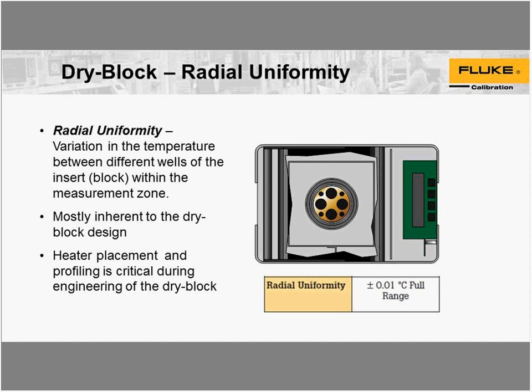Most OEMs do have a spec for radial or hole-to-hole uniformity, and again, this means if, in the example here, I'm placing a similar size probe at, say, 1 o'clock, and then I place the opposing unit at 7 o'clock, we're going to have a potential of a 0.10 C discrepancy just from the placement. A lot of this is researched and tested very well in the R&D process of a dry well, but it's something to be aware of.